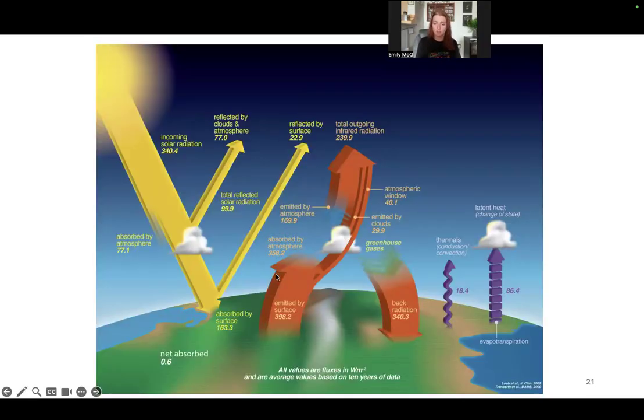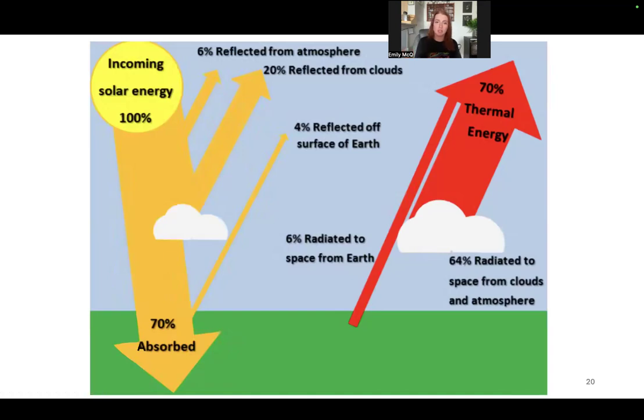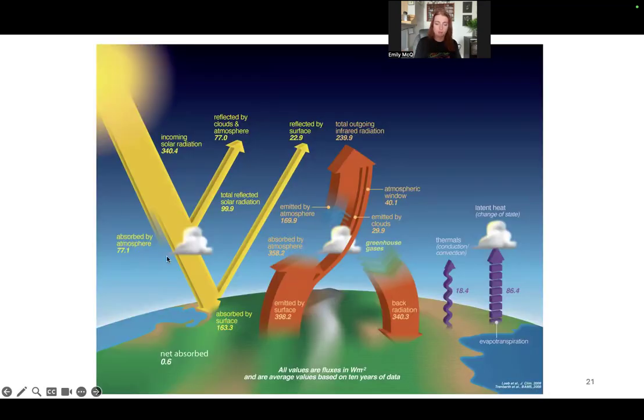It's a little bit more convoluted than this one. This was my, like, this is really simple. This is a little more convoluted, but here's our solar energy coming in. And this is basically the re-emittance, the emitting of energy from Earth's surface.